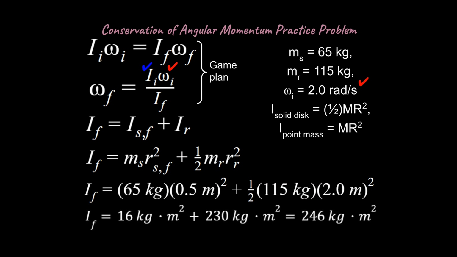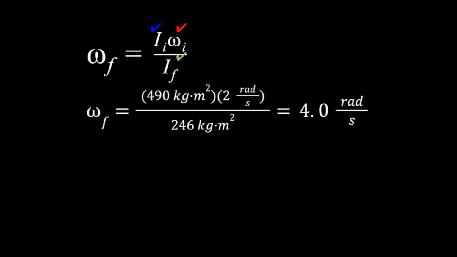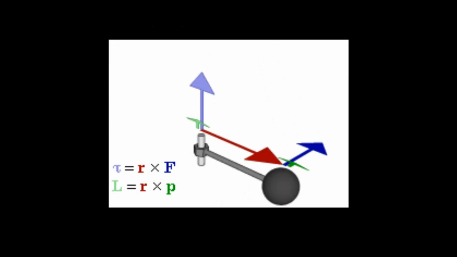At least I hope you would expect. So what do you think? Is this thing going to speed up or slow down? Well, it's going to speed up just like the figure skater sped up. So if we do the math, it turns out that it's 4 radians a second. And so it does get faster just like we would expect, but that's using numbers and units that you should become familiar with.